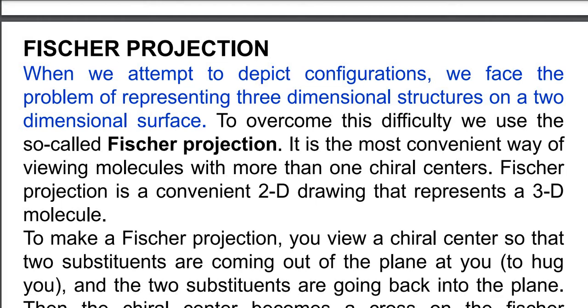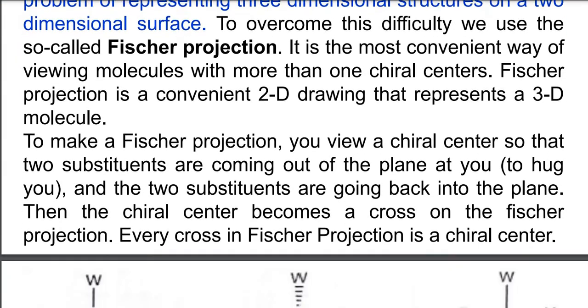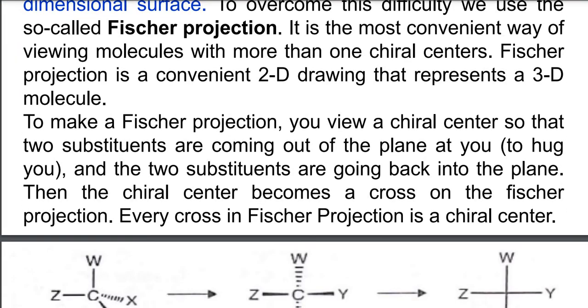Fischer projection is a convenient 2D drawing that represents a 3D molecule. To make a Fischer projection, you view a chiral center so that two substituents are coming out of the plane at you, and two substituents are going back into the plane. Then the chiral center becomes a cross on the Fischer projection, and every cross in Fischer projection is a chiral center.